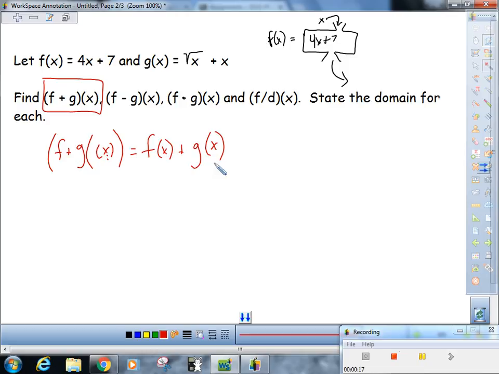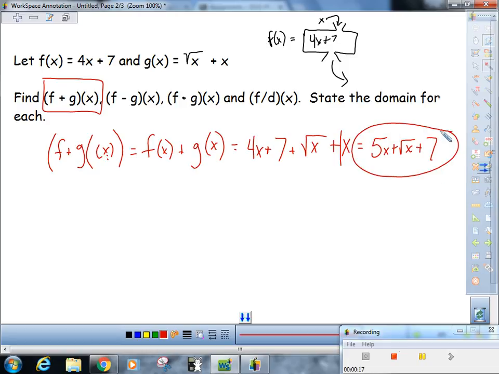So all we have to do is write this as 4x plus 7 plus radical x plus x, and then use our skills from 5-5 or 6-5 to remember how to combine these like terms. So this is a 1x, so our final answer is 5x plus radical x plus 7.